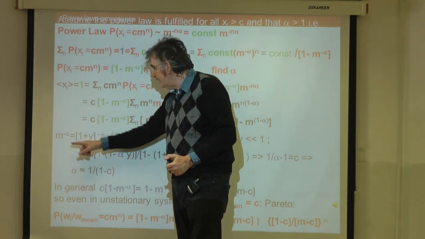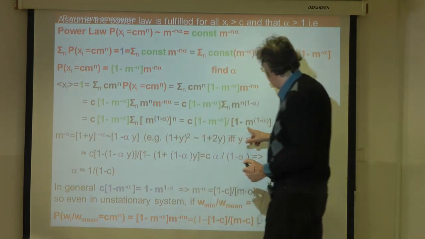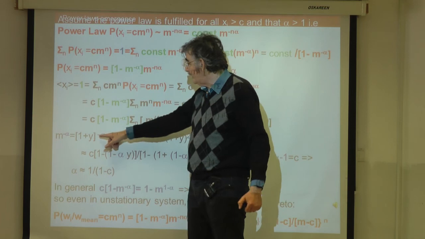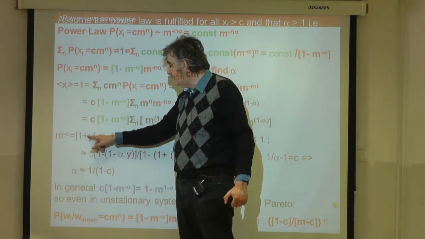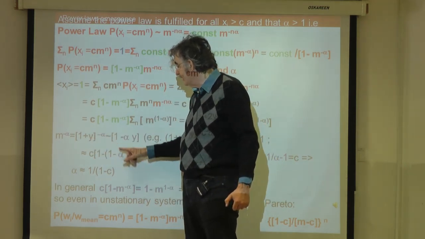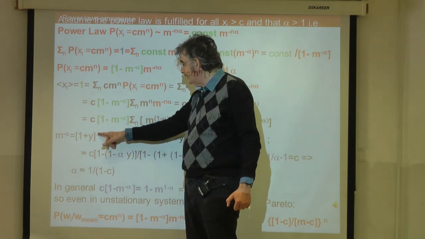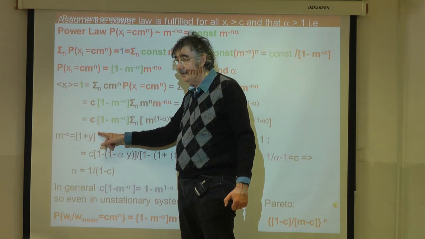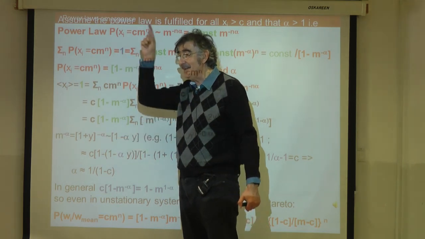Okay. So when I have here m to the minus alpha, I can apply what I said, that 1 plus a small number to some power is just 1 plus that number multiplied by that power. Remember? I call minus alpha n.